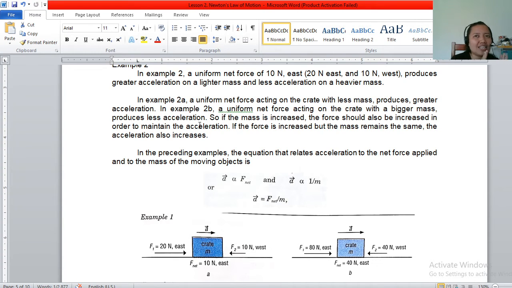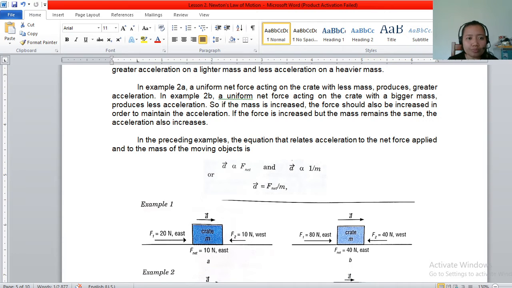So, kung i-increase ang acceleration, kaya decrease yung mass or lesser yung mass. Kung lesser yung acceleration, ang mass ay heavier. Yun. Kasi inversely proportional yung acceleration at saka yung mass. Okay.